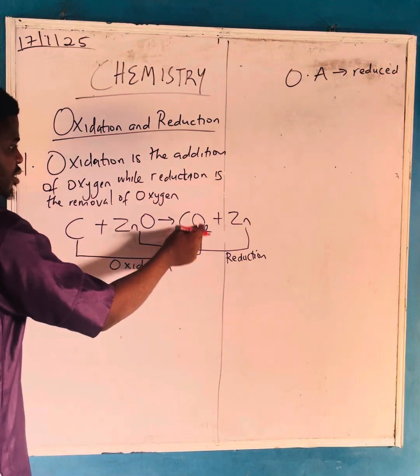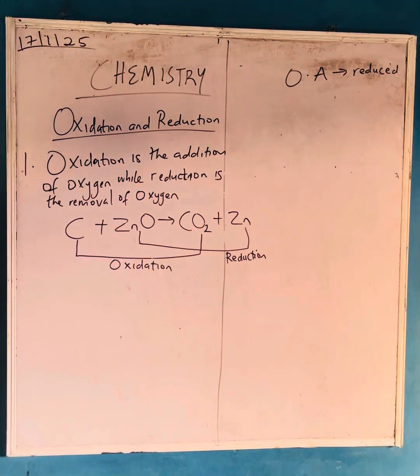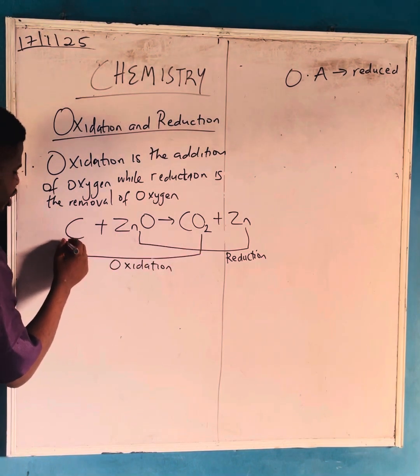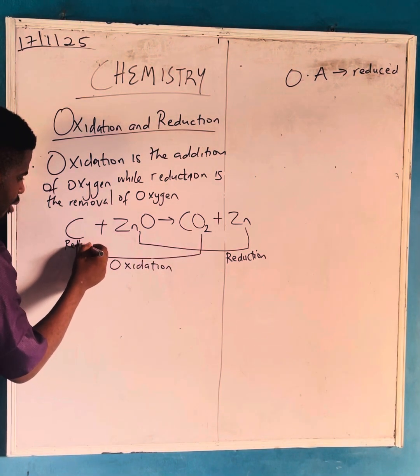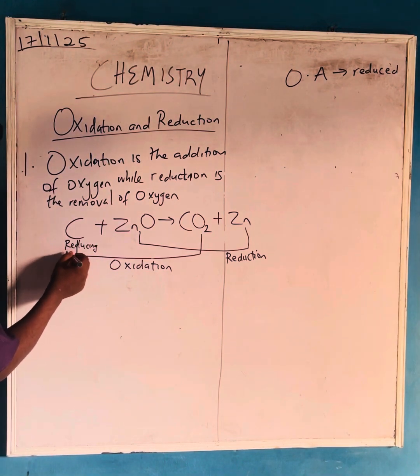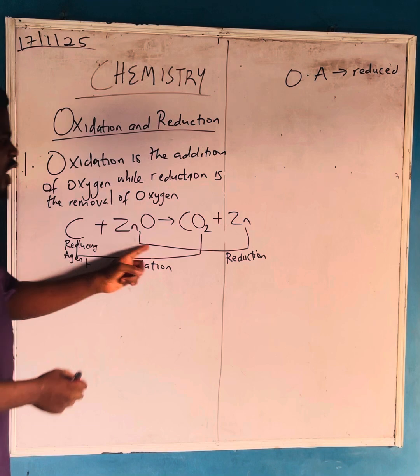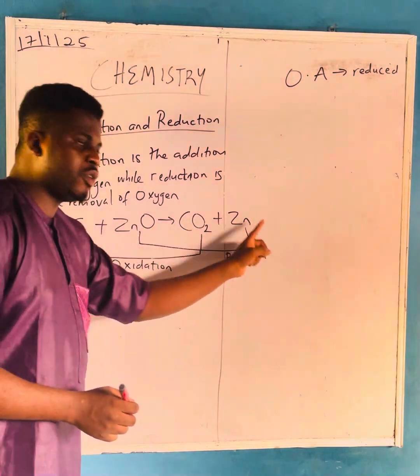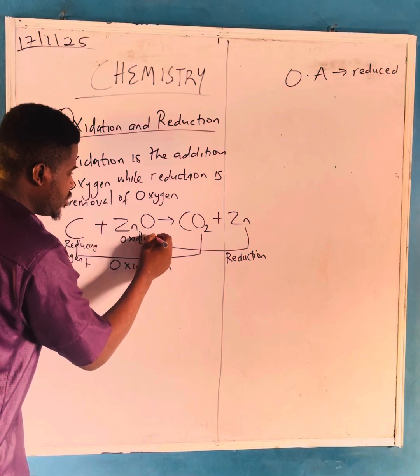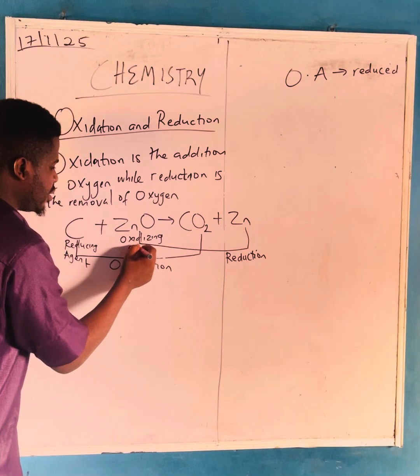It has undergone oxidation. So any element that has undergone oxidation like that is called the reducing agent. While the one that has been reduced, zinc oxide, is the oxidizing agent. So don't forget about that concept.